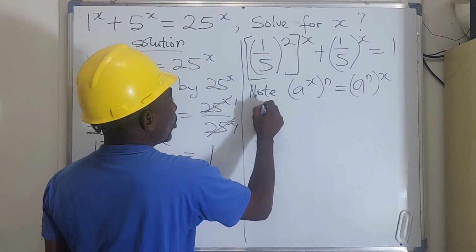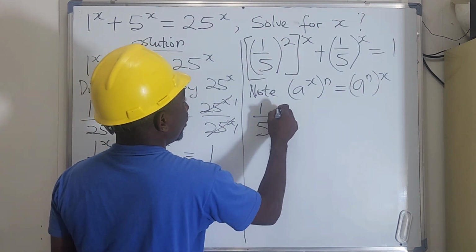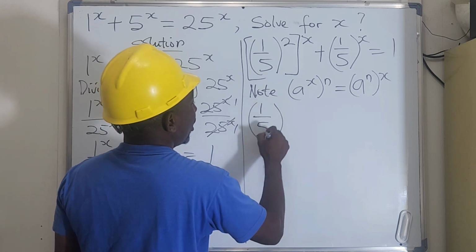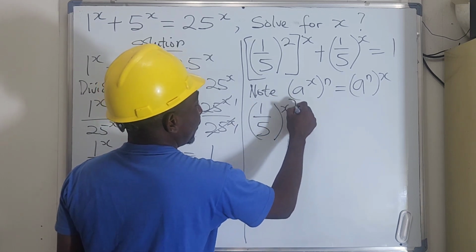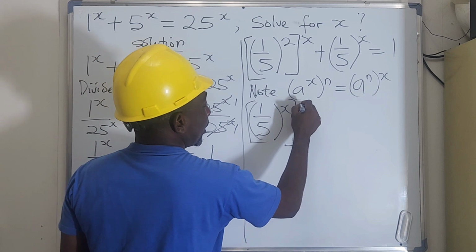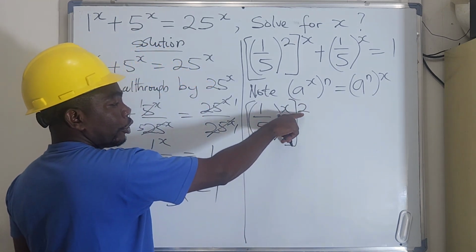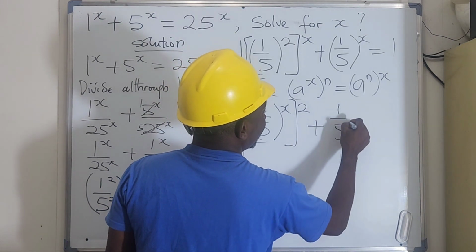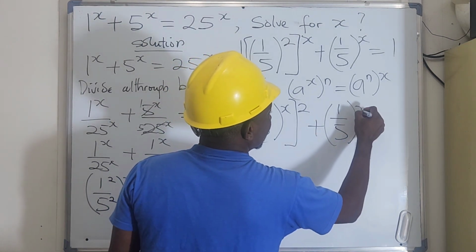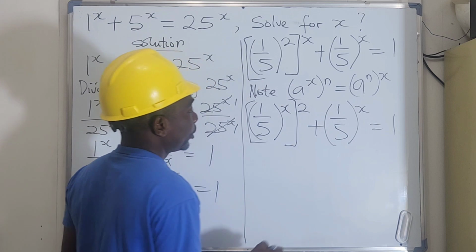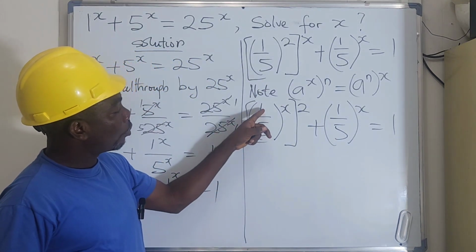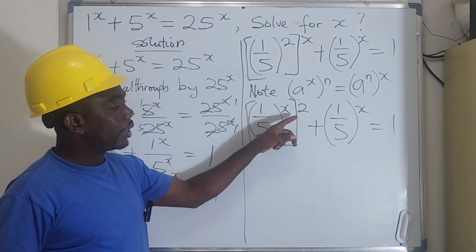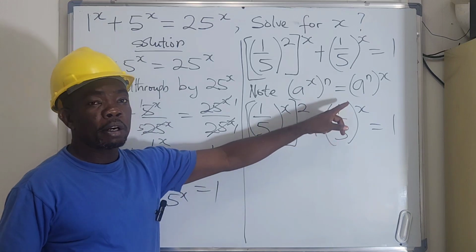So this will become 1 all over 5 raised to the power of x, times raised to the power of 2, plus 1 all over 5 all raised to the power of x equals 1. So we can see that we have 1 all over 5 raised to the power of x, and we have 1 all over 5 raised to the power of x.